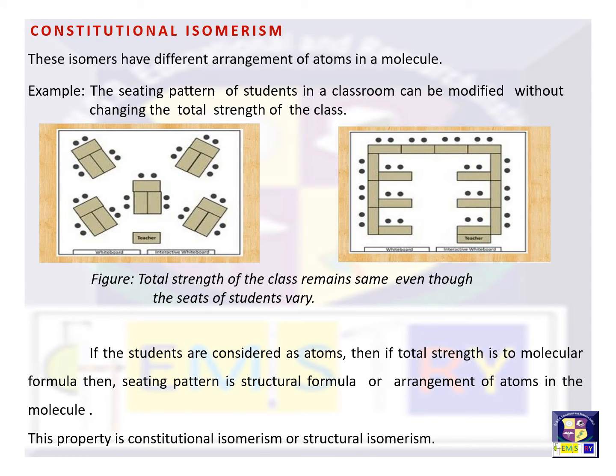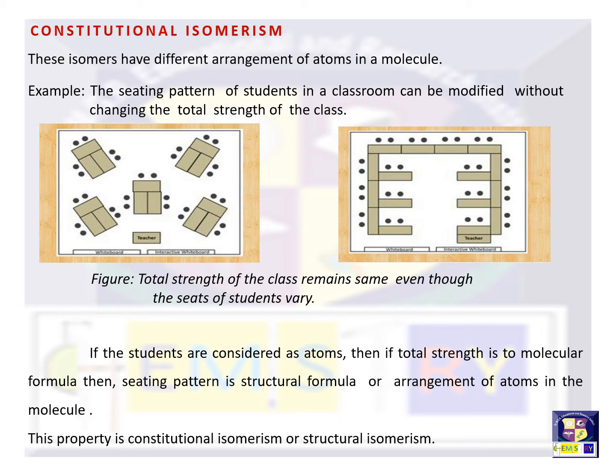Again, we are going to see here about constitutional isomerism. Constitutional isomers have different arrangements of atoms in a molecule. For example, we can see a classroom where the total strength of the class is the same, but we change the arrangement of students in the class. We can see two pictures here. The first picture shows one arrangement and the second picture shows a different arrangement of the benches and the students, whereas the total strength is the same.